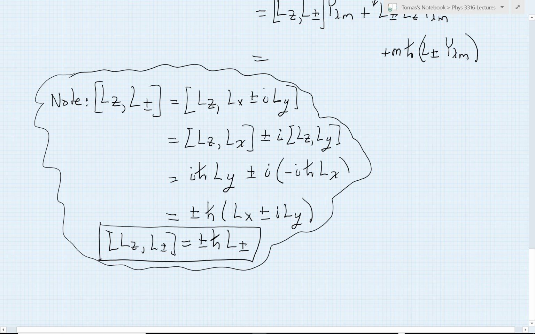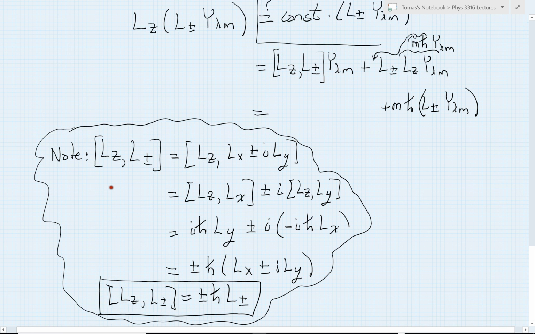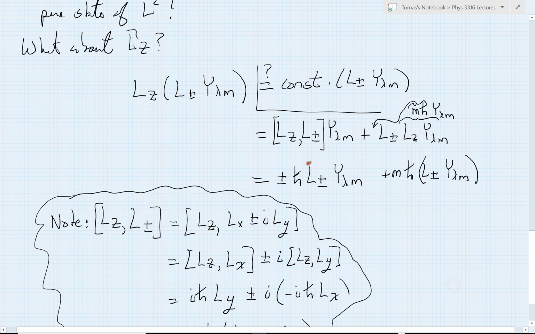Now, applying my commutator, what goes here is simply plus or minus ħ times L plus or minus. That's the value of the commutator, and that commutator is then applied to Y lambda m. So now you see we are in terrific shape, because once again I just have my original state coming back, and I now have two terms with my original state and some constants.